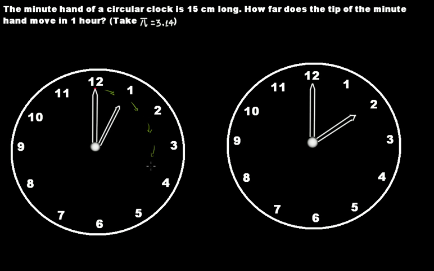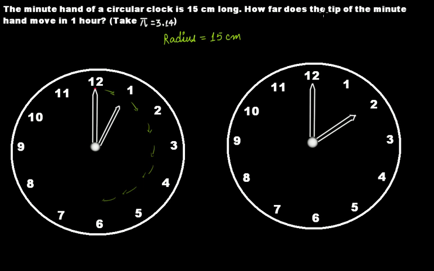When it makes one circular path, clearly the radius will be the length of the minute hand, and that is 15 centimeters. So the radius of this circular path that the minute hand will make in 1 hour will be 15 centimeters. When it takes one complete path, it comes back again to this point, making one circle, and the hour hand moves from 1 to 2.